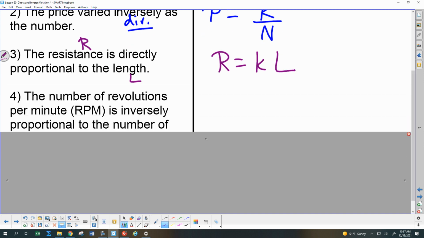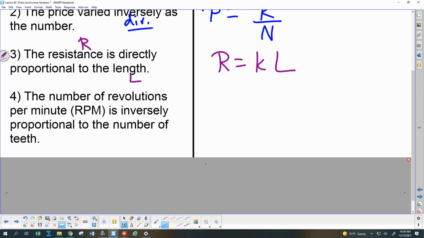Okay, we'll do a couple more and then we'll go to actual problems. So number of revolutions on this one, so we'll call that R, is inversely proportional to the number of teeth. We'll choose a T for teeth on that one. Write down how you think that one should look. Revolutions inversely proportional to the teeth.